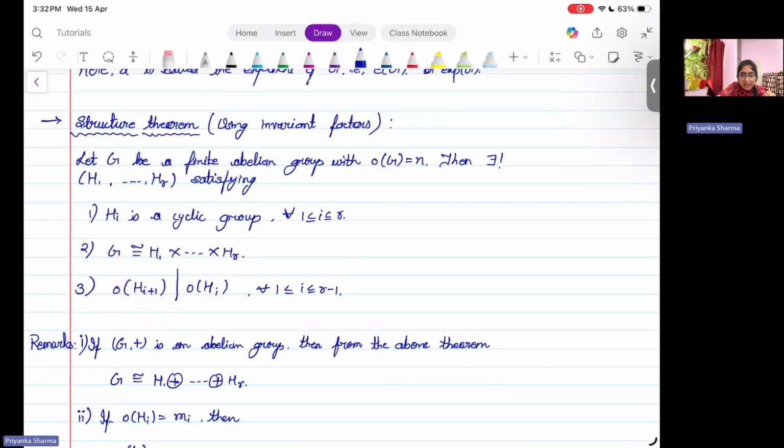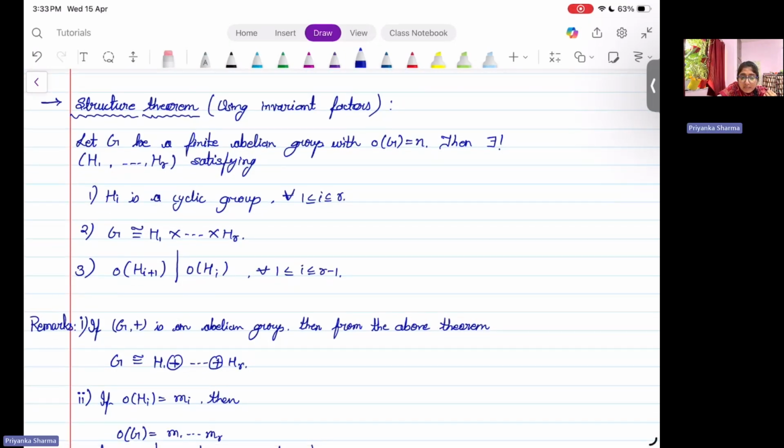That is, Hi is a cyclic group for all i between 1 and r, and G is isomorphic to their direct product, that is, G is isomorphic to H1 cross H2 up to Hr, and the order of Hi+1 divides the order of Hi for all i between 1 and r minus 1.